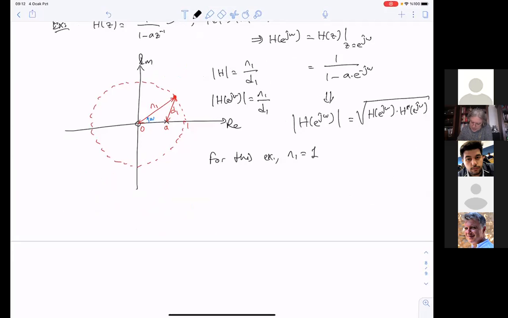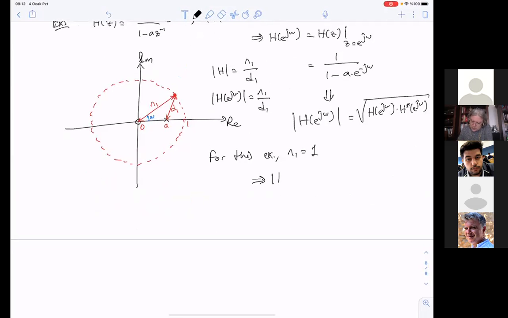Therefore, the magnitude of H of e to the j omega is equal to 1 over d1.